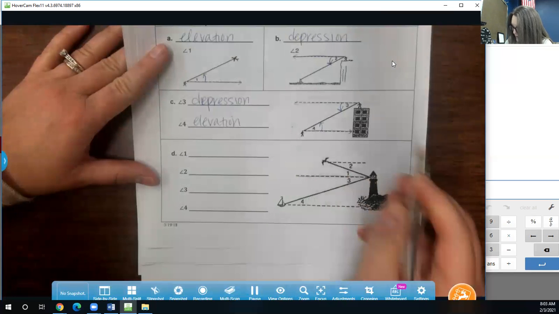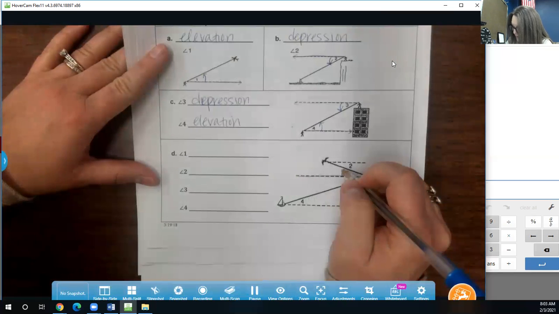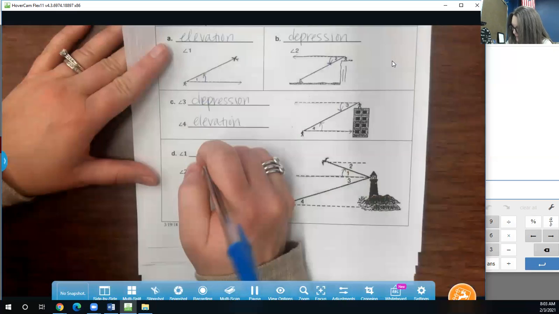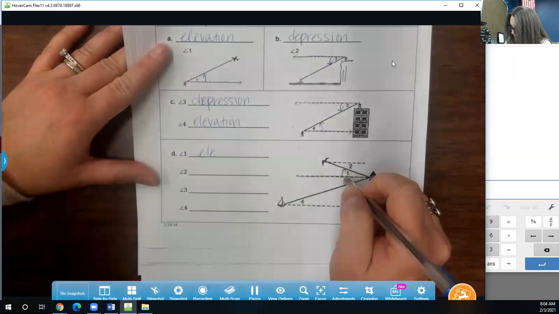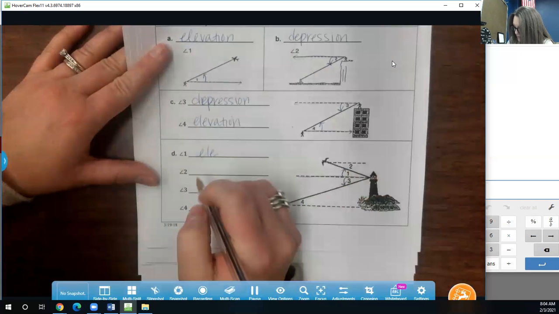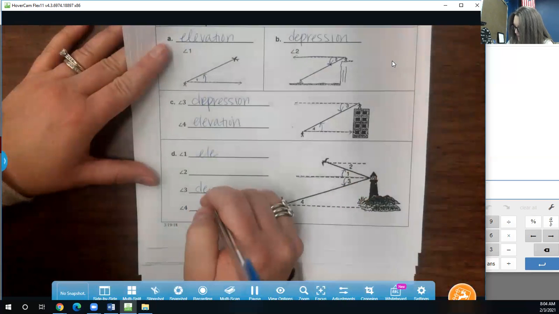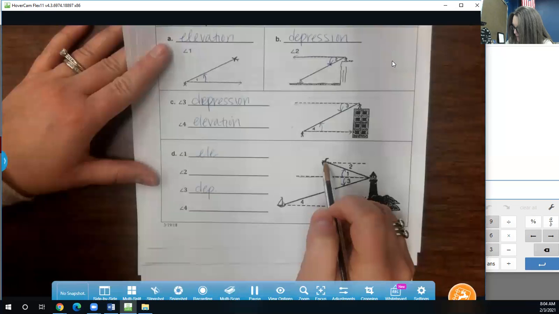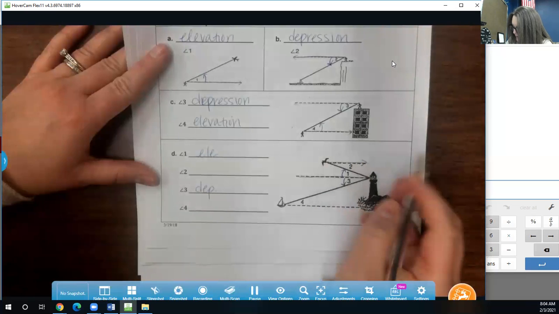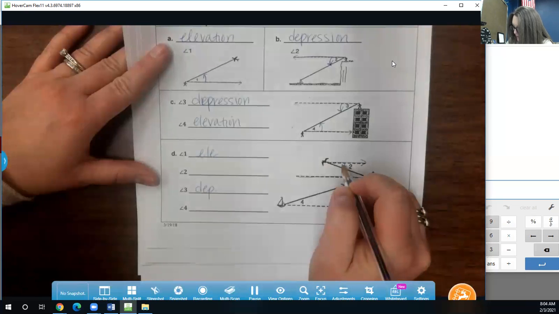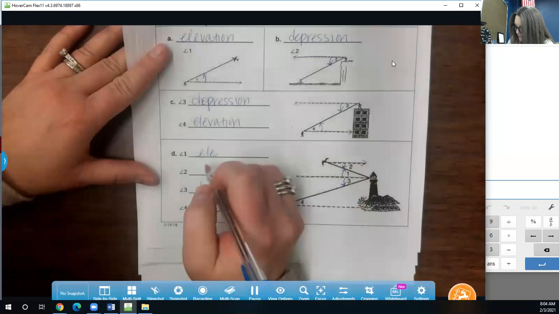So angle 1 up at the bird would be elevation. And then angle 3, still thinking about the lighthouse, is looking down, so it's depression, right? And then here's our bird, right? If the bird were to look back at the lighthouse, there's his horizontal line of sight. It's down here for 2, so depression.